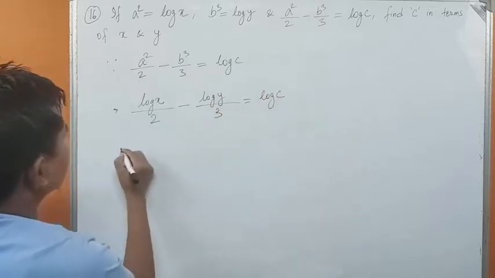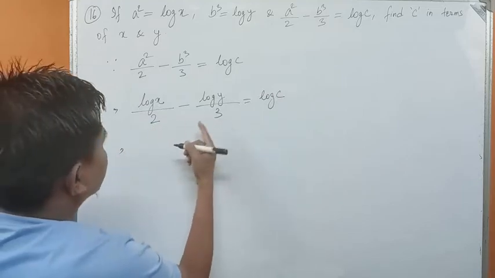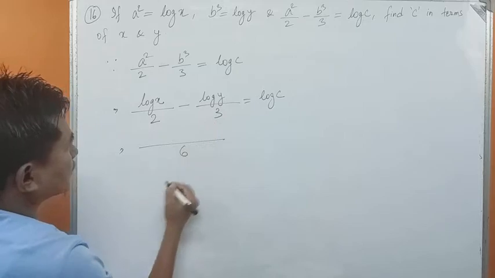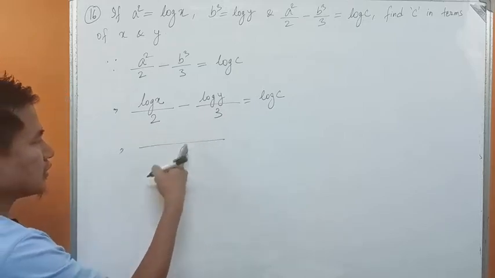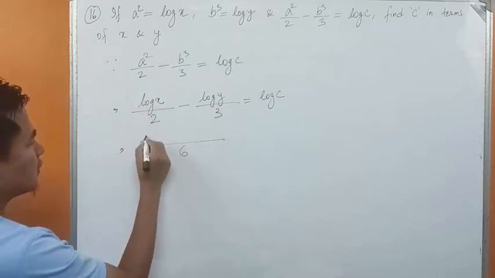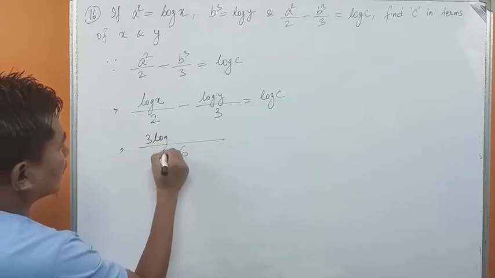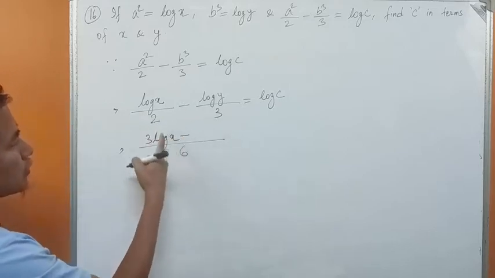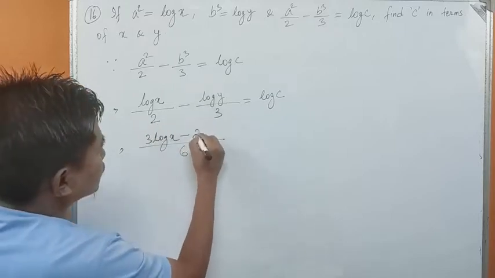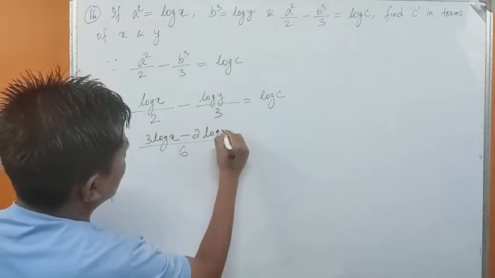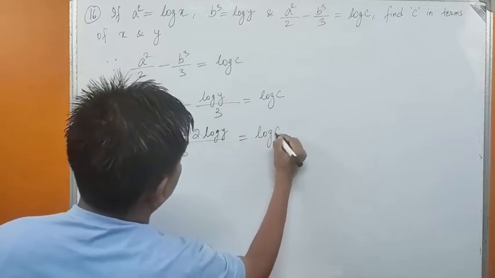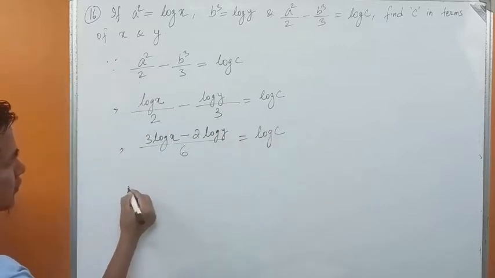Let us take the LCM of the denominators. The LCM will be 2 into 3, that is 6. Now 2 3s are 6, so 3 log x, minus, 3 into 2 is 6, so 2 log y equals log c.